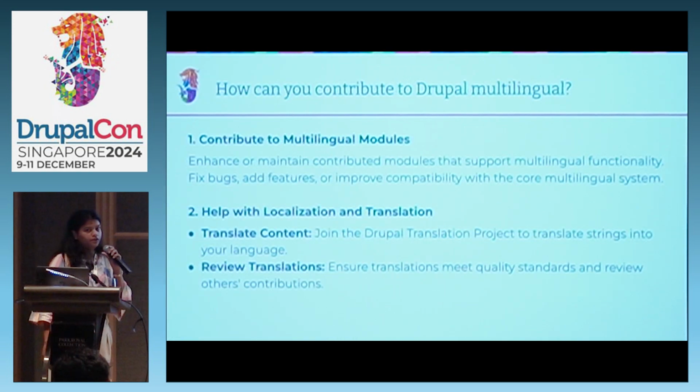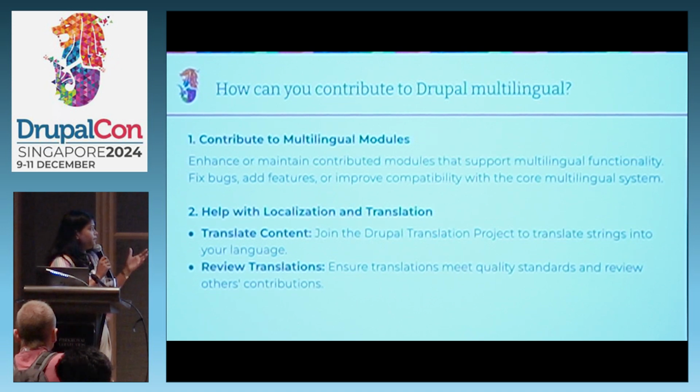Drupal is open source, so it is always good that we contribute. We can contribute to the multilingual side of Drupal as well. We can contribute to the modules that help facilitate the multilingual functionality, or we can help with the Drupal translations.